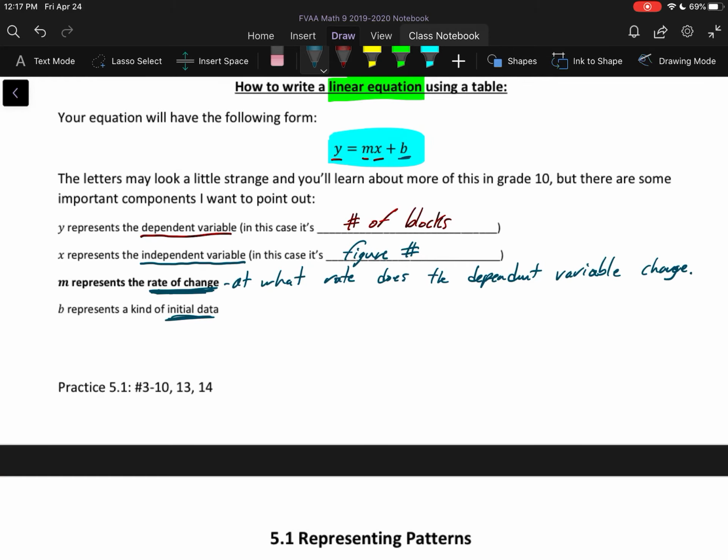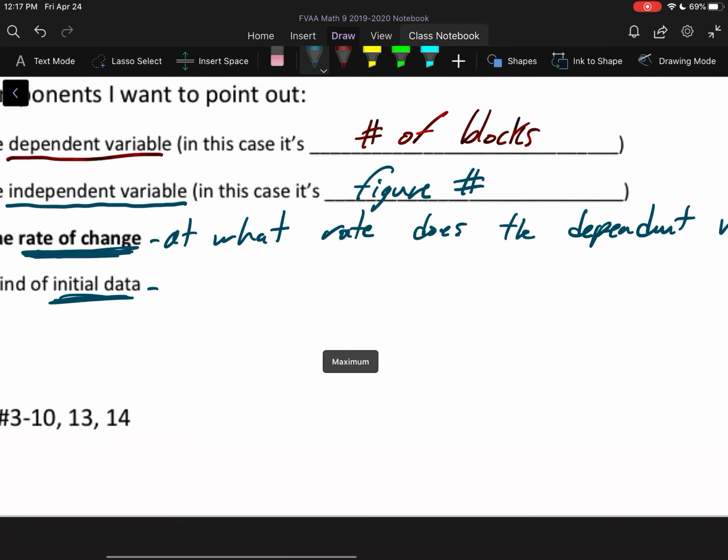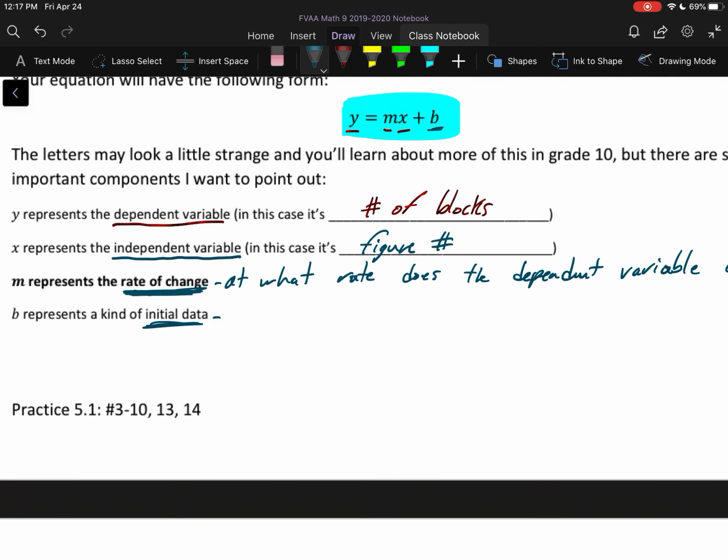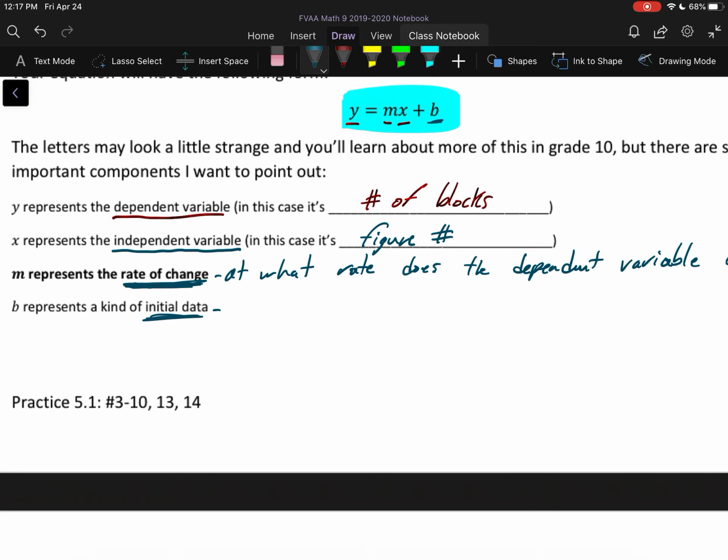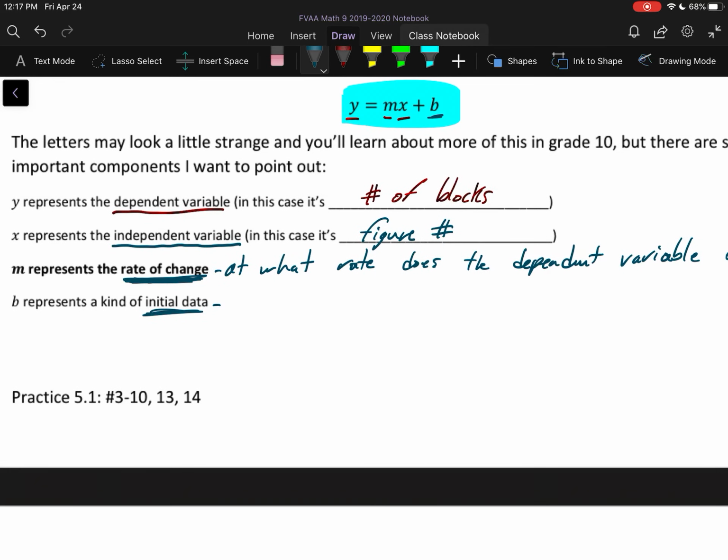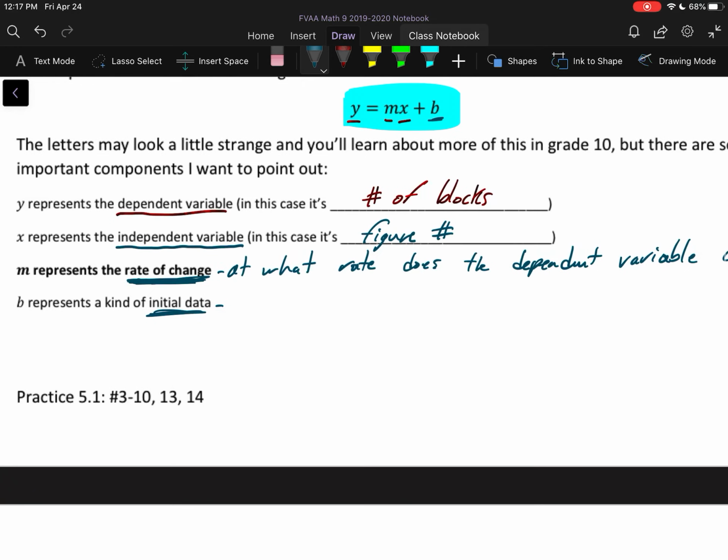Initial value. Typically we represent this as the starting amount. So in our boat example, the starting amount was 30 kilometers.